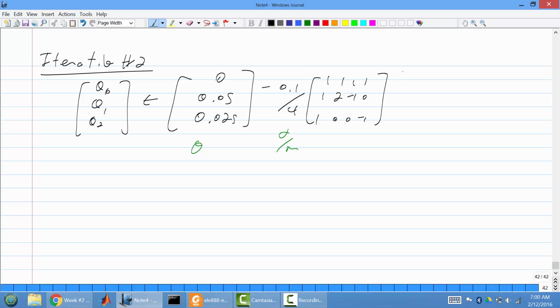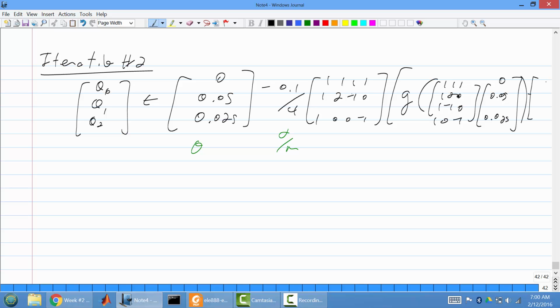And then finally, we have this bracket, so you have g and then X transpose, so this is 1, 1, 1, 1, 2, 0, 1, minus 1, 0, 1, 0, minus 1, multiplied by the vector, which is 0, 0.05, 0.025. Subtract this with the expected value, 1, 1, 0, 0.